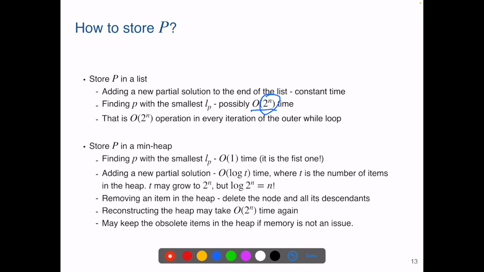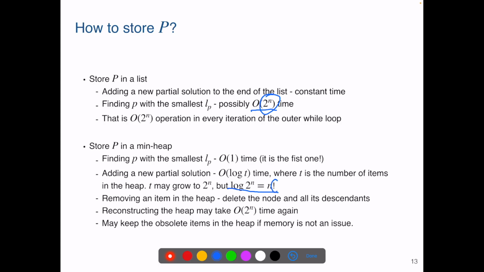Another idea is to store P in a min heap. Finding P with the smallest lower bound will take constant time. It is the first node. Adding a new partial solution will take big O of log t time, where t is the number of items in the heap. t may grow to 2 to the power of n, but log of 2 to the power of n is n.